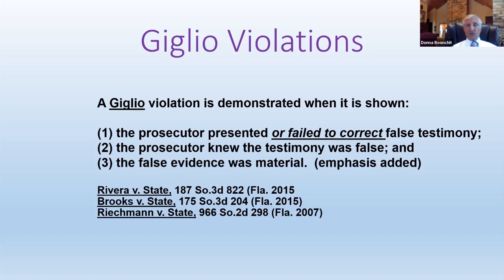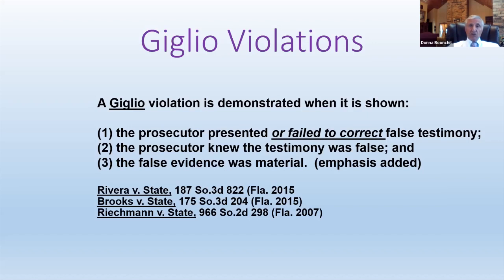So the prosecutor is sitting there listening to it thinking, where did that come from? Holy smokes, I specifically asked him that and he told me this, and now it's helping me, but this is definitely false testimony. So the holding is, if you fail to correct it, even though you don't know it's going to happen, but it happens in front of you, it's a violation of Giglio.